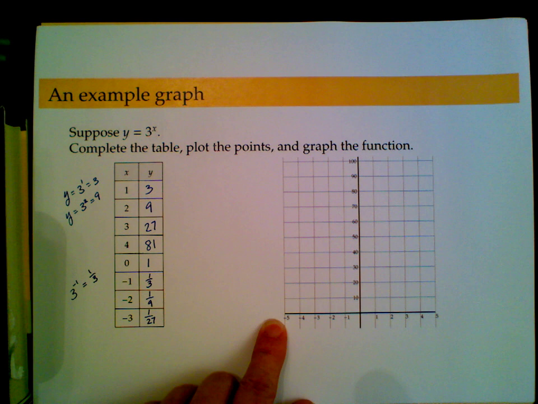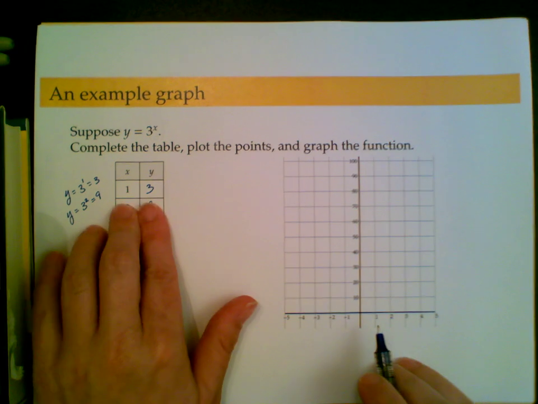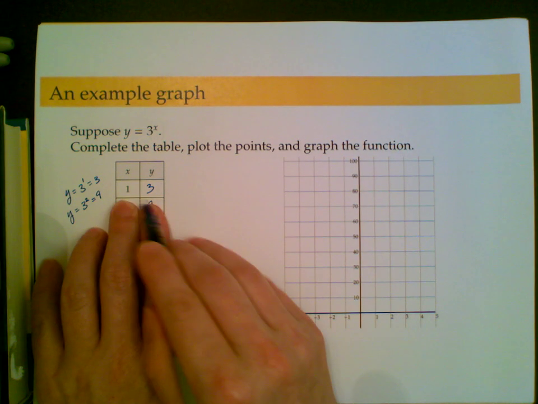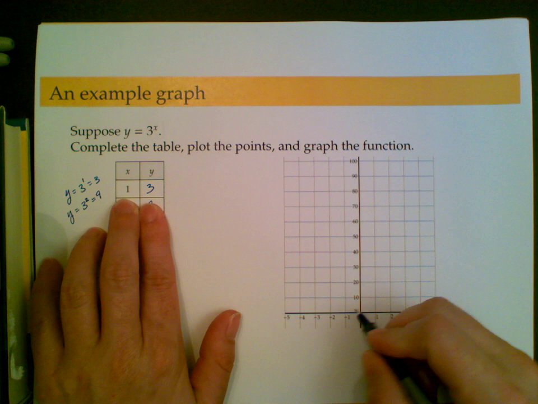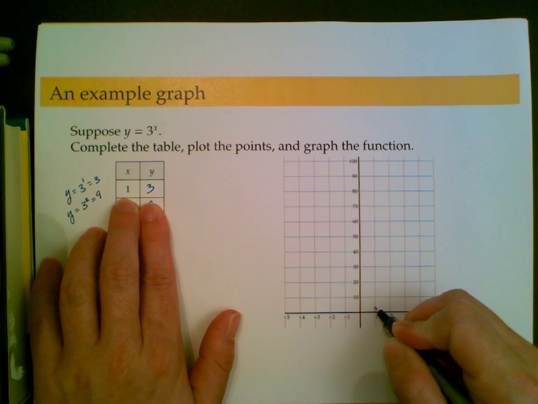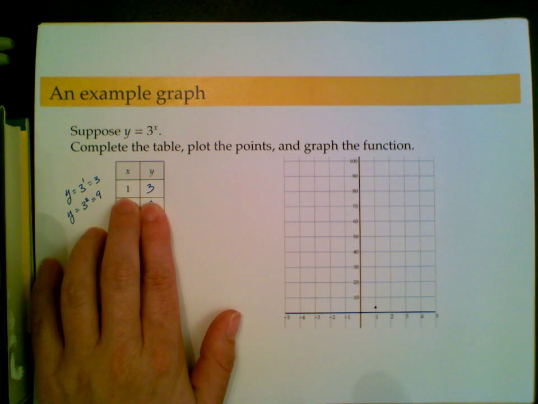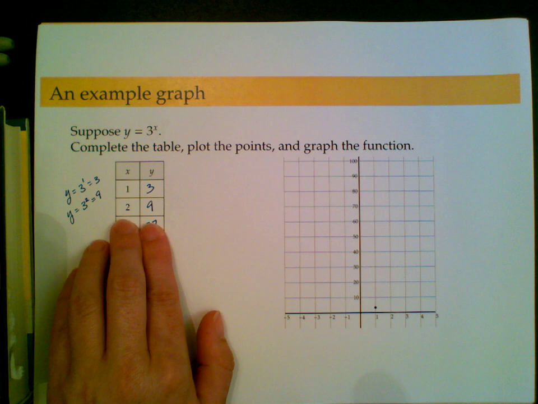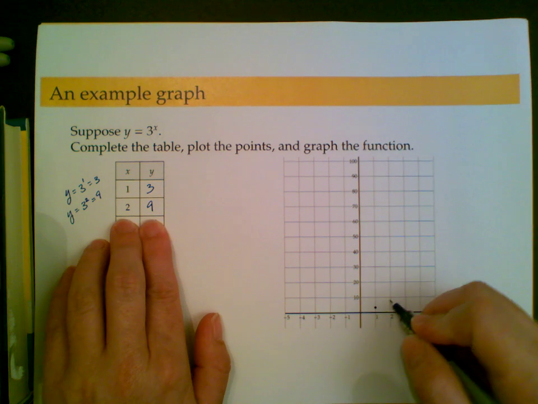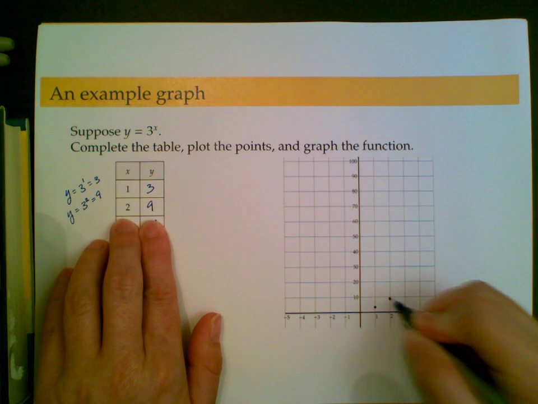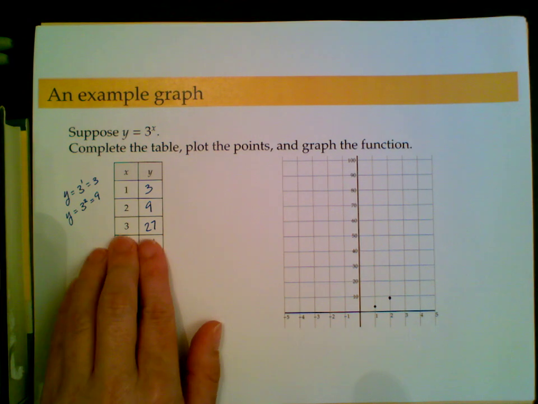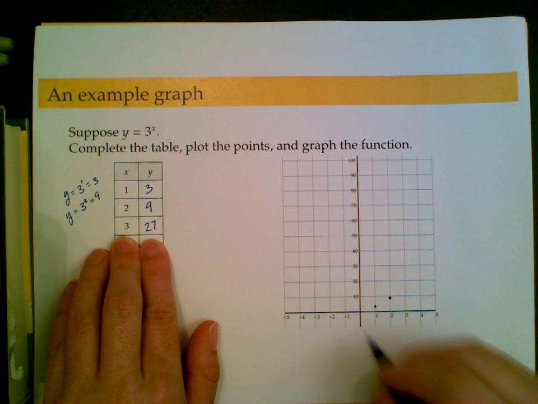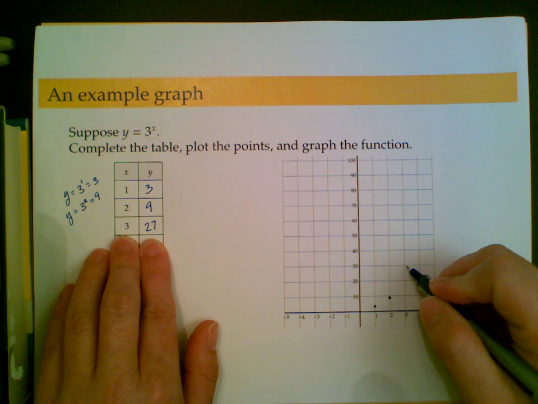I'm going to start plotting my points. When x is 1, y is 3, which would be approximately here. When x is 2, y is 9, which would be just under the 10. When x is 3, y is 27, which will be a little bit under the 30.